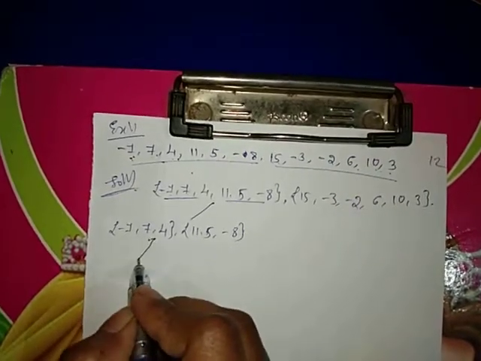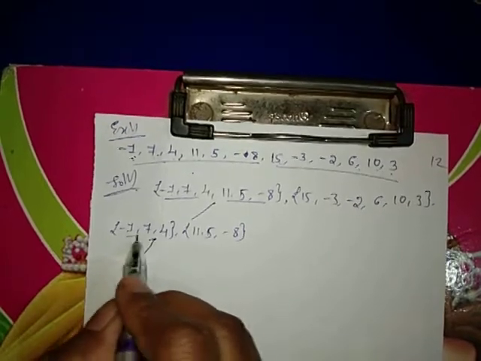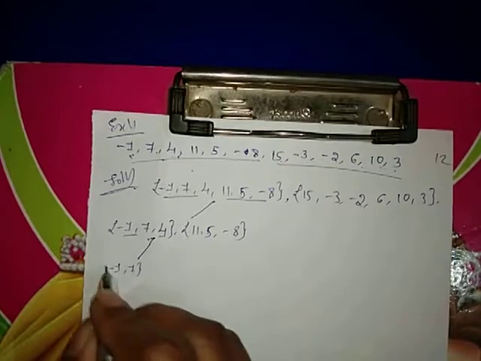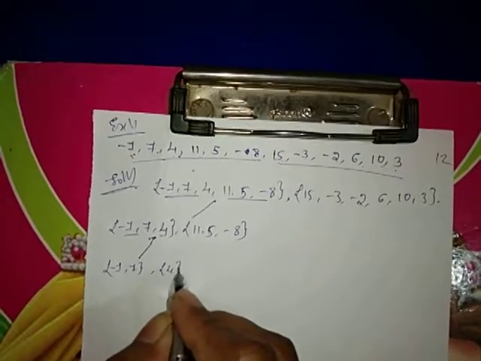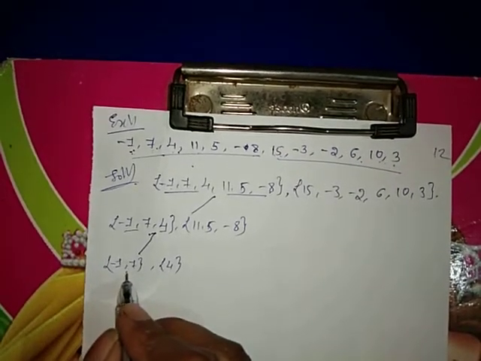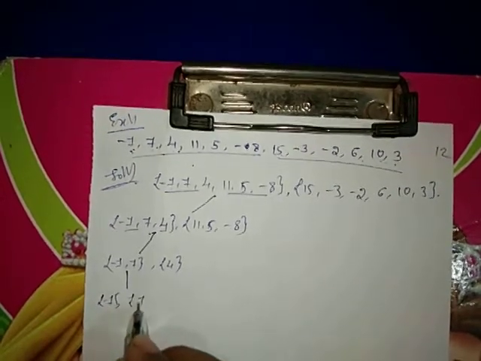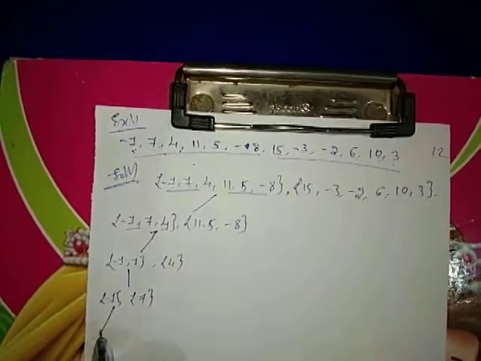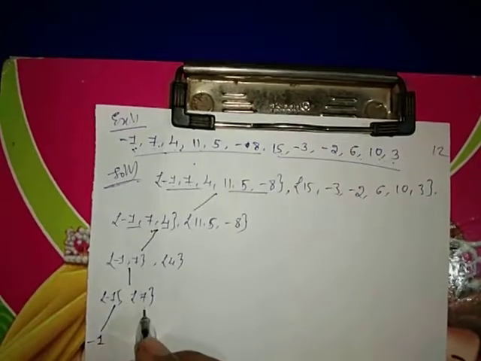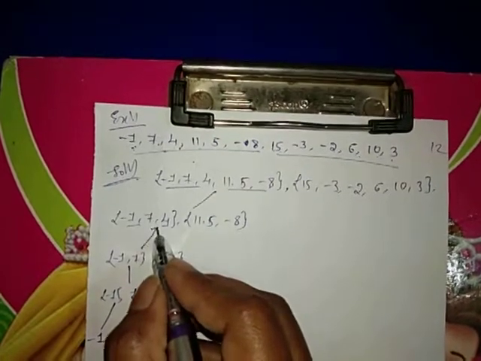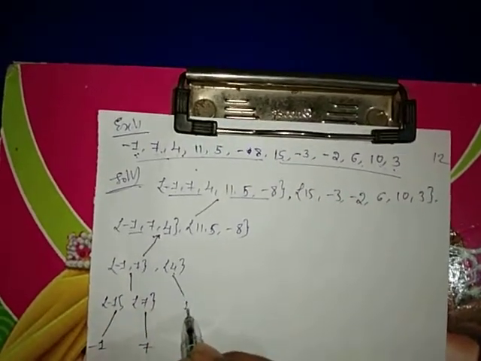Again here there are 3 numbers, split it as 2 plus 1: -1, 7 and 4. Again -1 and 7 will be there. Split it into 2 parts: -1 will be split as only -1, 7 as only 7, and 4 as only 4.